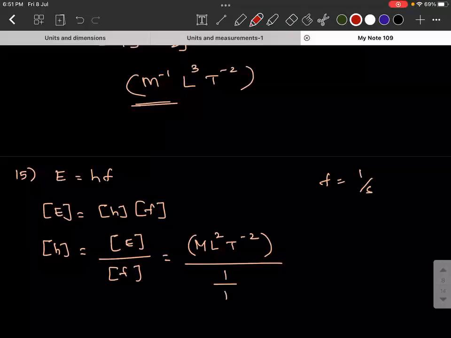So it will be 1 divided by T, or T minus 1. So what will be the final answer? M L square T minus 1. So the dimensional formula of H is M L square T minus 1.